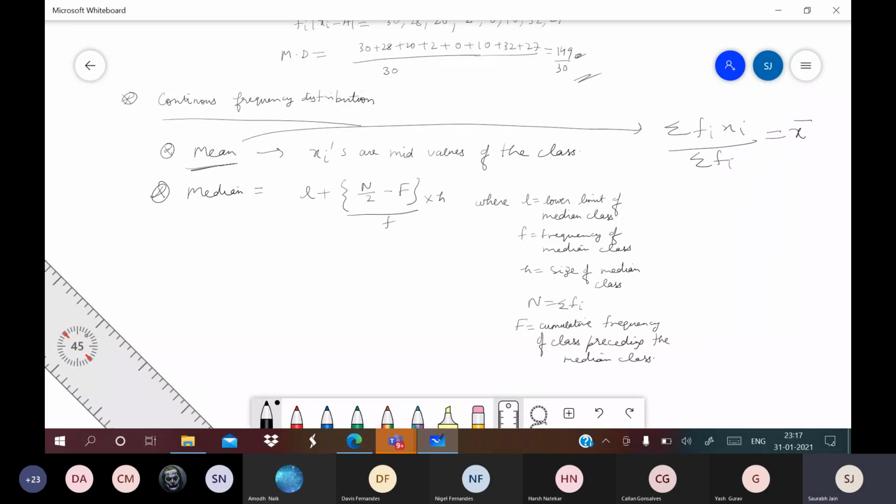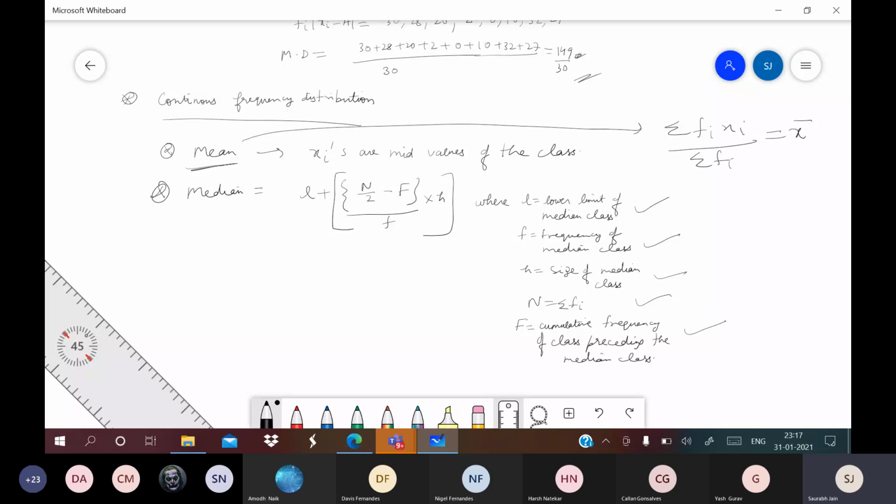They give it in the form of intervals 0 to 10, 10 to 20, so you will find their mid values, and those will act as values of x. Rest everything is same. For median they have this lengthy formula, which you can enclose in a single bracket like this. L is outside, and the meaning of each alphabet is written here.